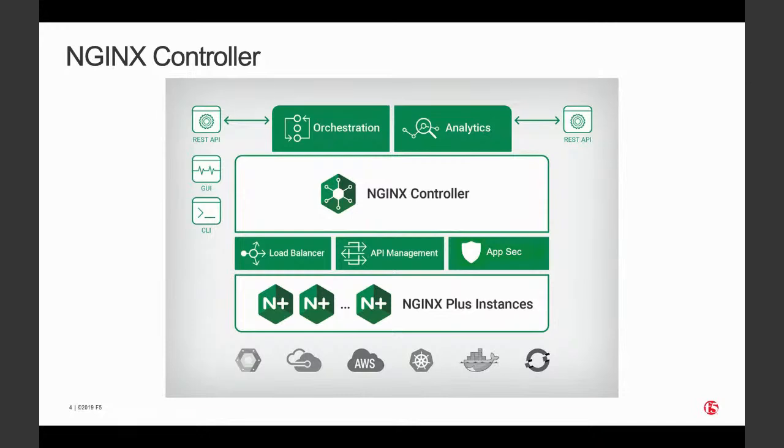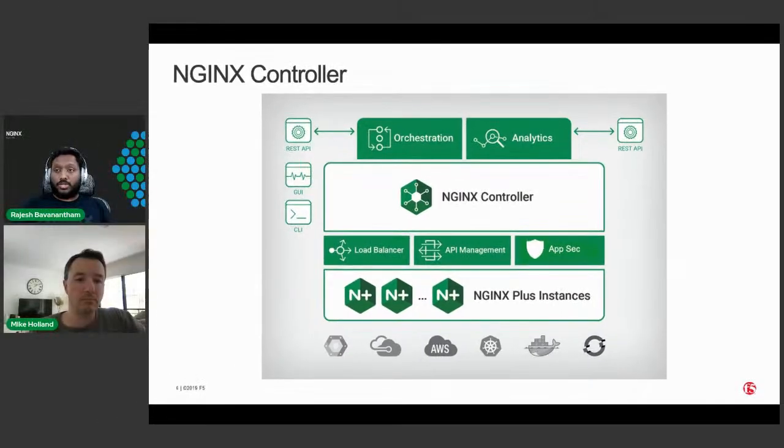You deploy your data planes as a gateway or a load balancer anywhere you want, on your preferred cloud provider, and then you configure those NGINX instances through the control plane. That is the value the controller brings to the table. Even without the controller, your data plane continues to work. Without the controller, what you will miss is the onboarding part of it. That means you may not be able to onboard.